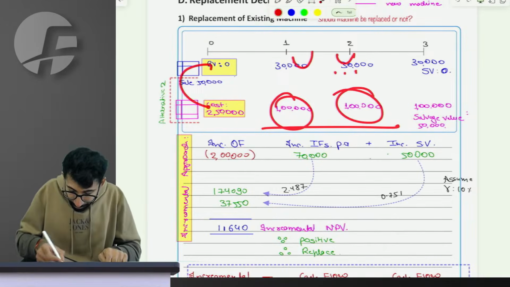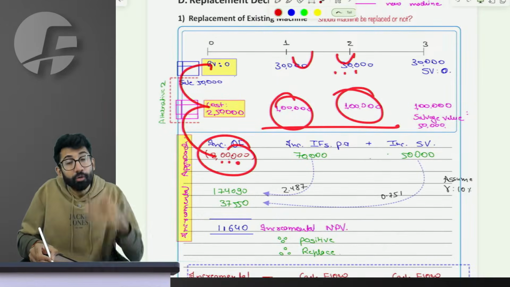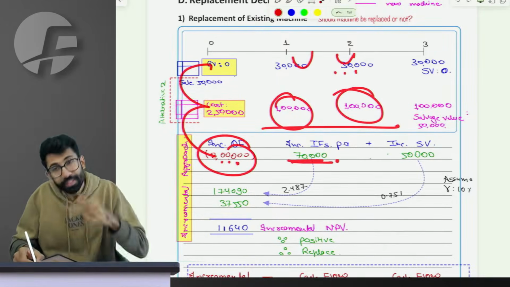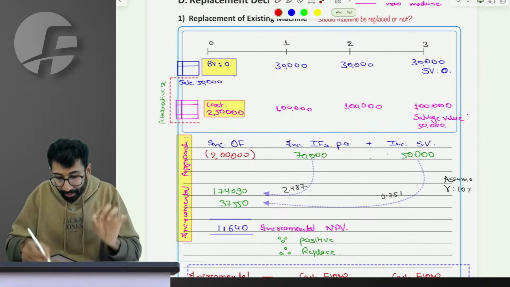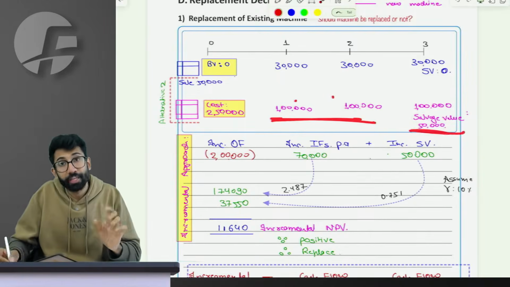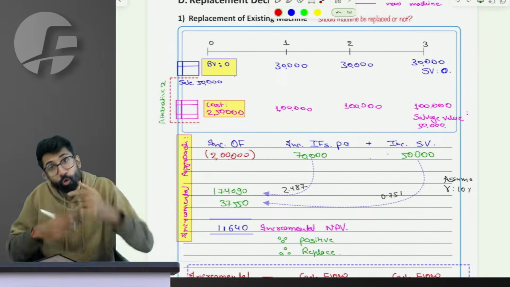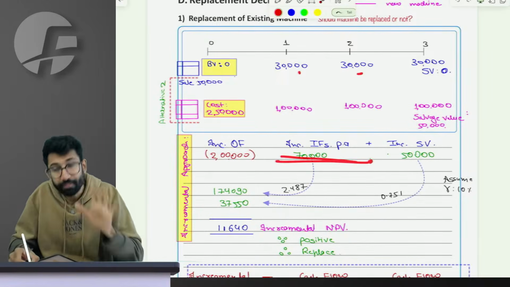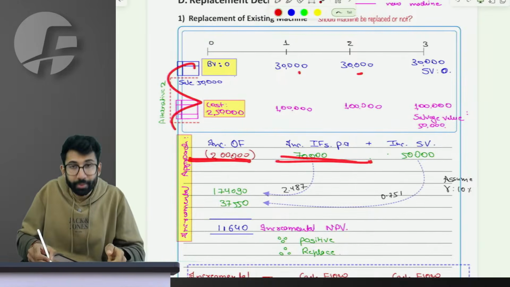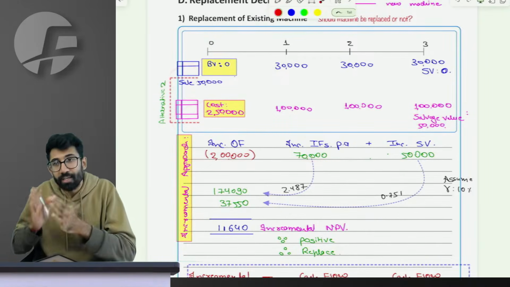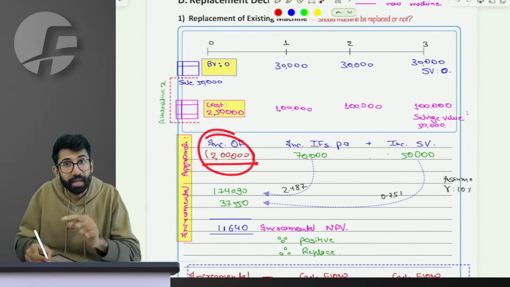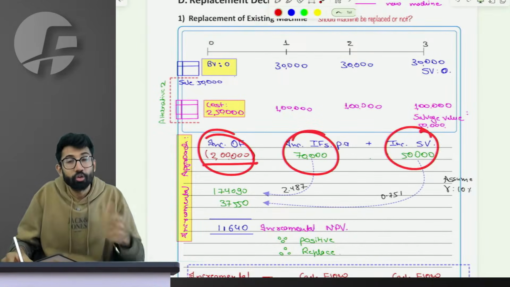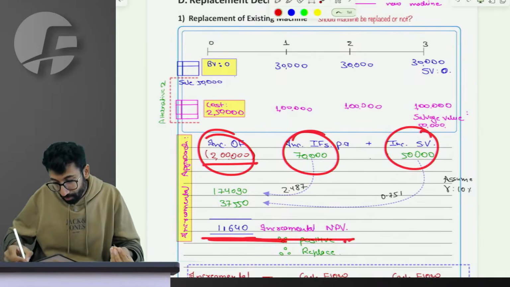So if I spend an extra outflow of 2 lakh, what I am earning every year is only 70,000 extra. Are you realizing? The point right now is not considering 1 lakh as my inflow. The point is considering, over and above 30, how much you are earning, 70, and for that how much you have spent extra, 2 lakh. So common sense is, incremental tells you the extra that went out is this, the extra that came in is this. So how much is the NPV of that extra inflow and outflow?